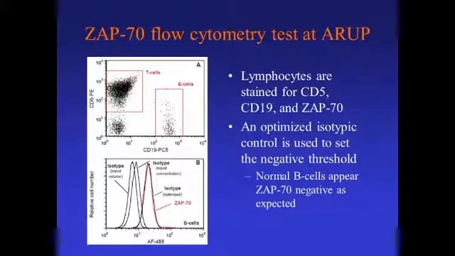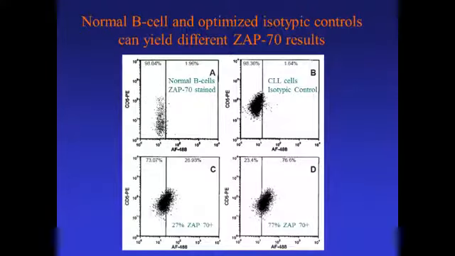If you use those as true controls, they would indicate that normal B cells are ZAP70 positive, which they're not. So what we've done is crank up the concentration of our isotypic control, so that we can ensure that at that concentration, normal B cells are negative. Then we use the isotypic control at that concentration and look at CLL cases. That's what we're doing here.